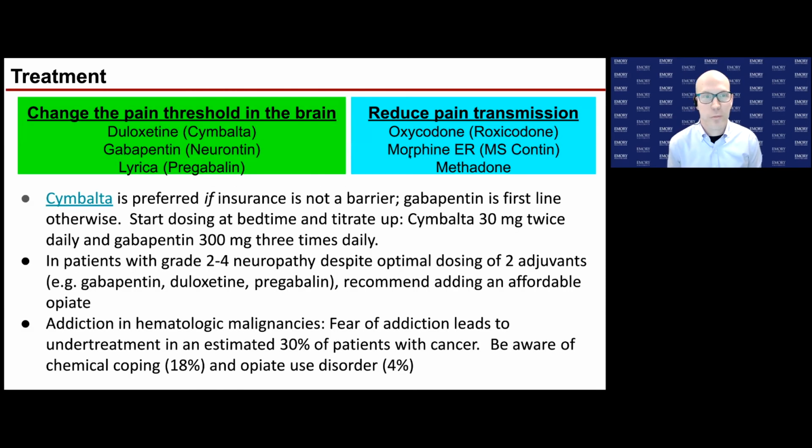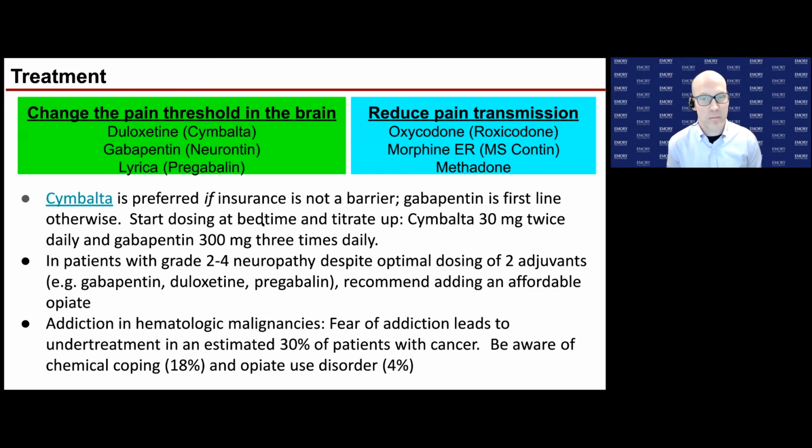For prescription medications, in general, the things we try to do are change the pain threshold in your brain using either Cymbalta, Neurontin, or Lyrica, and then reduce the pain transmission using opiate medications. So Cymbalta is our preferred if insurance is not a barrier, and Neurontin is our second line.